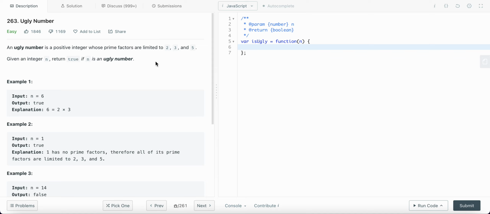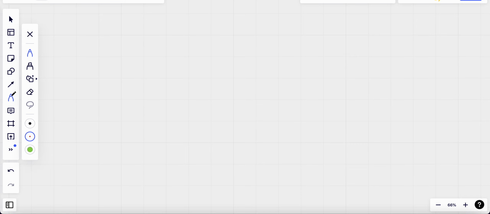Now, how could we see if the prime factor of an integer is limited to only 2, 3 and 5? Let me explain here. Suppose we have a number 6. The prime factors of 6 are 2 and 3.